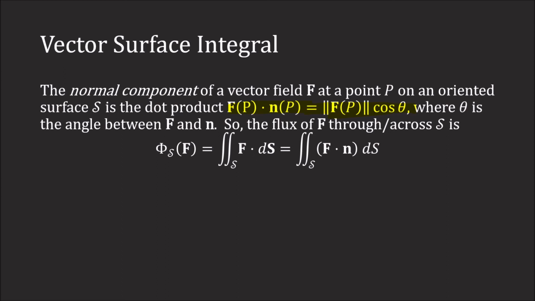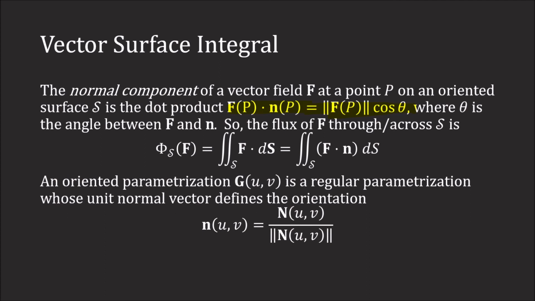So the flux through or across the surface is given by the surface integral of F dot dS, which can be written as the surface integral of F dot n dS. And this is the Greek letter capital Phi.